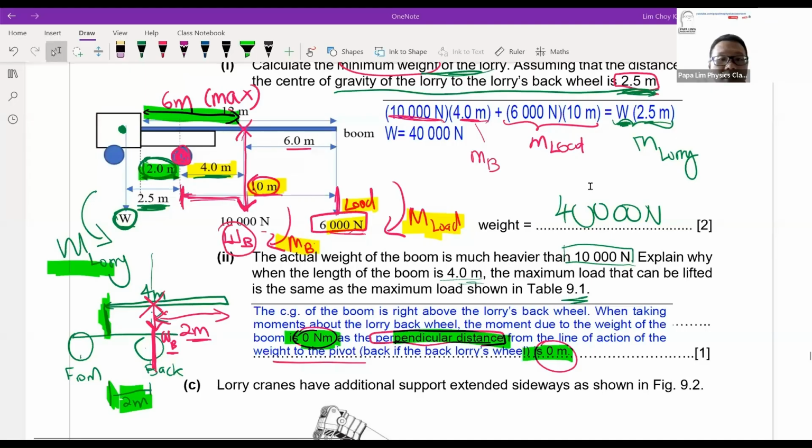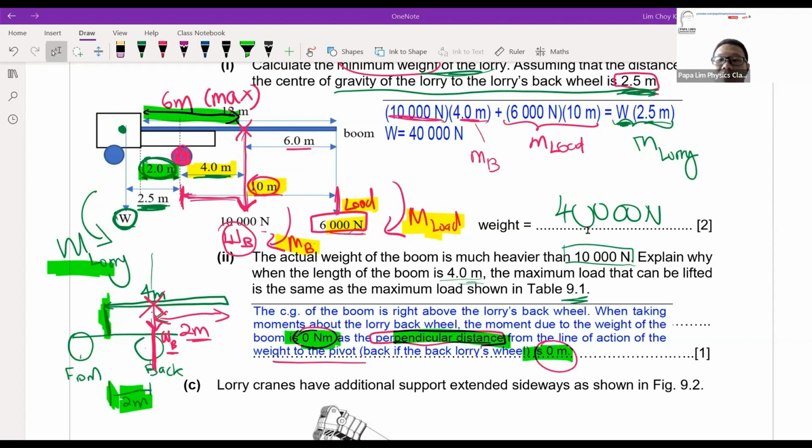This is what is depicted in the particular scenario here. Because of the lack of moments due to the weight of the boom, the load is exactly the same as what we calculated, what is shown in 9.1. The load carried won't be lesser than represented in 9.1, even in the actual case.